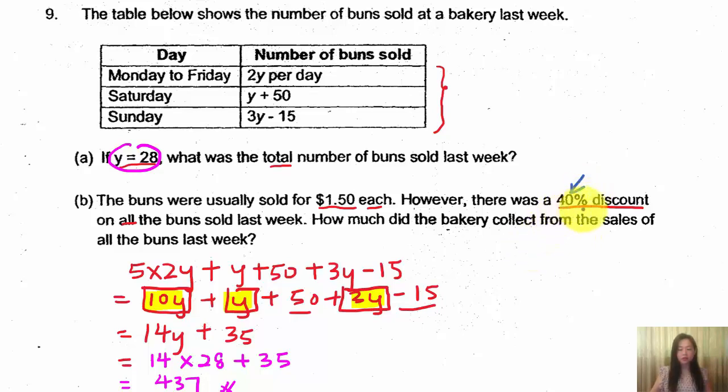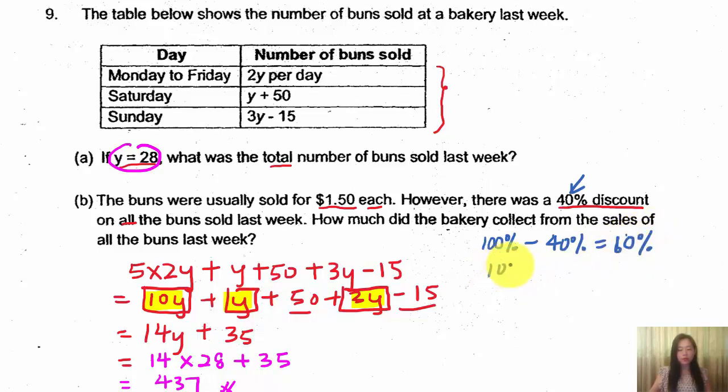In order to have a 40% promotion, we have to find the new selling price of the buns. So 100% is the original selling price. If we minus the discount of 40%, it would be equal to 60%.